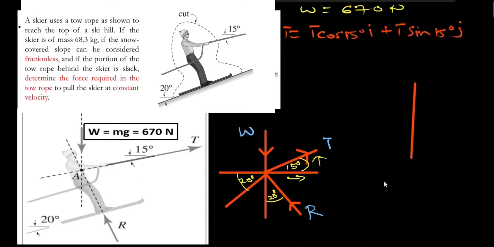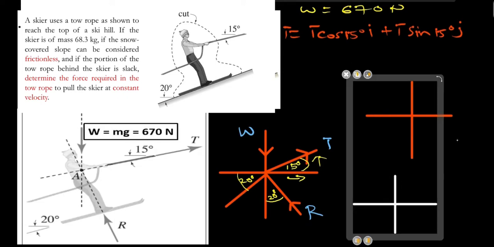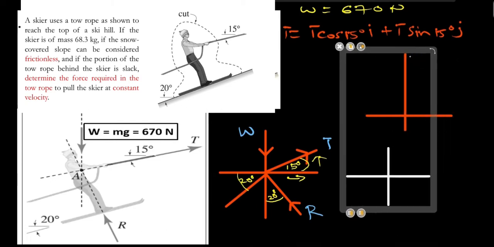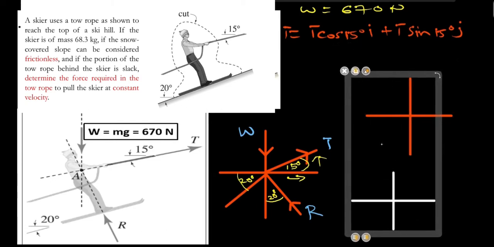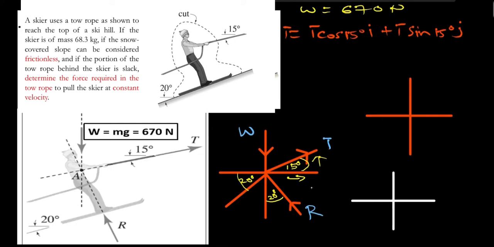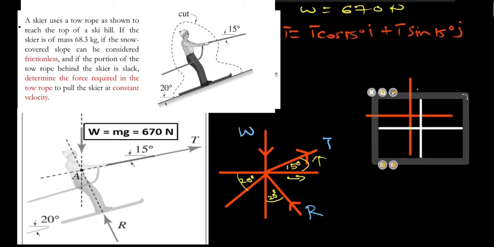So let's see, I have this system here. I'm going to draw another system on this. So let's say I have this one too here. So I'm going to bring this up here.